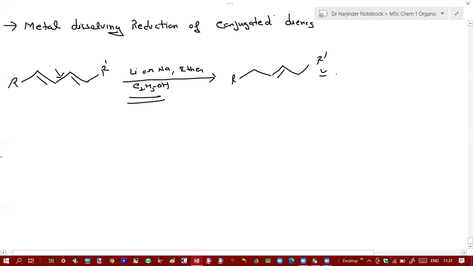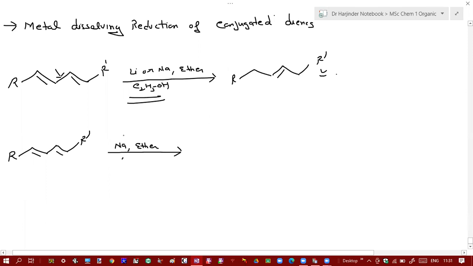Now, can you write the mechanism? How will the reaction start? Single electron transfer.